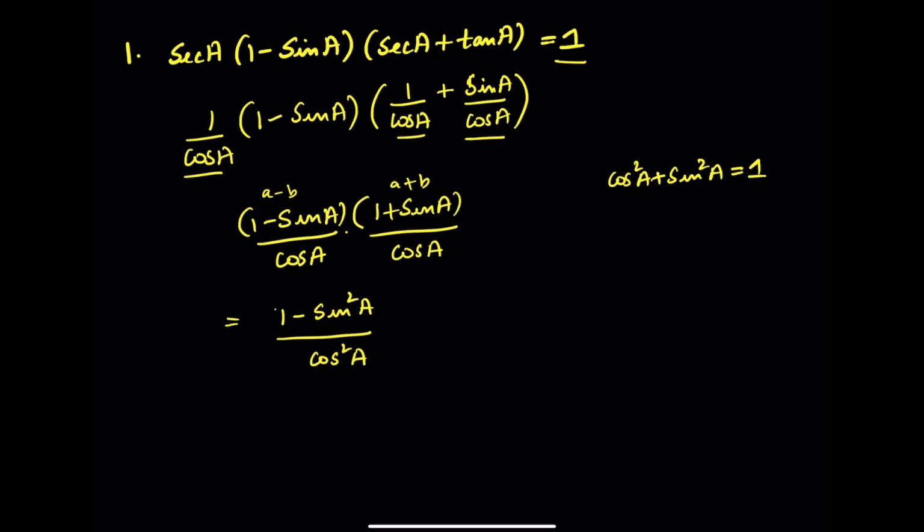So 1 minus sin square A would again be equal to cos square A. So basically we are cancelling out the numerator and denominator, and we get the value of 1.